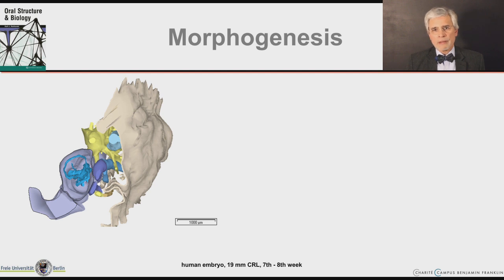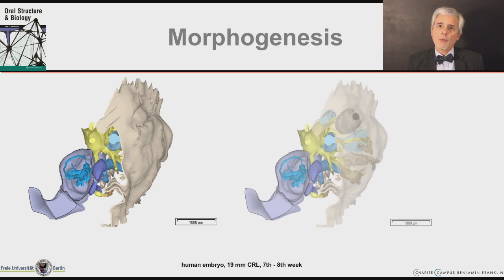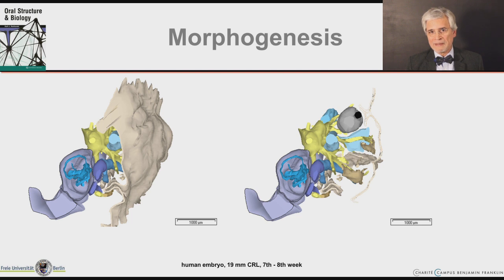Here we take as an example a 3D reconstruction of a human embryo from the 7th or 8th week. If we digitally make the facial skin transparent, we can even see underneath, or we can just take it away completely. And then we see the developmental status of the mandible next to Meckel's cartilage.